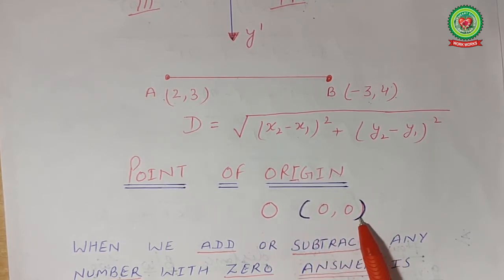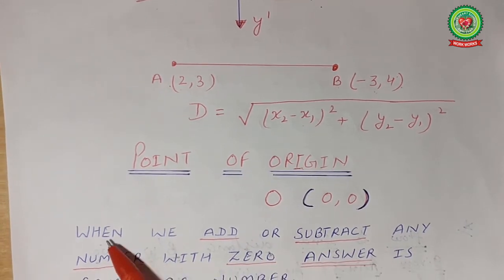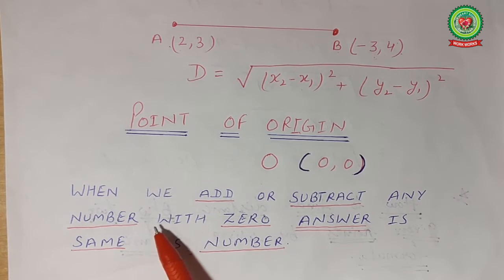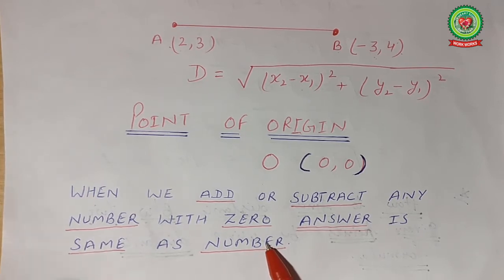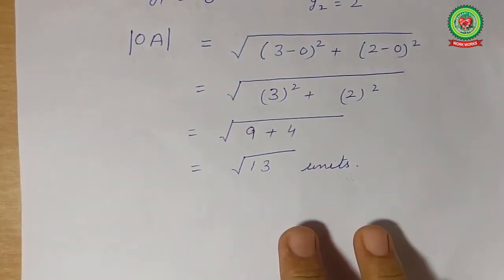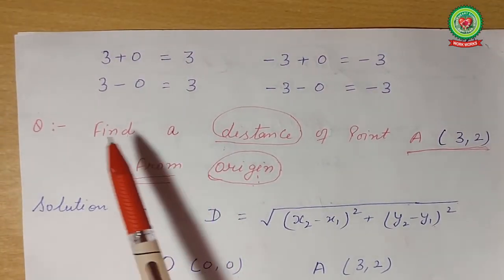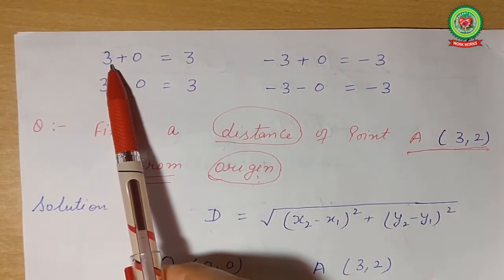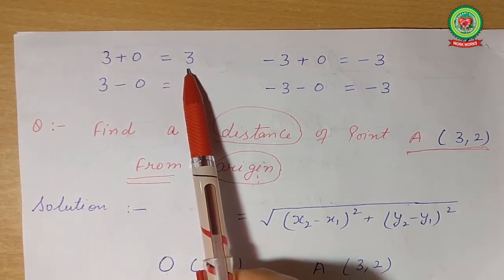As 0 is there, we should know the concept of 0 for addition and subtraction. When we add or subtract 0 from any number, the answer is the same number. For example, if I take the number 3 and add 0, the answer is the number itself.